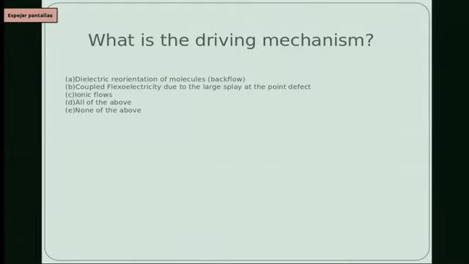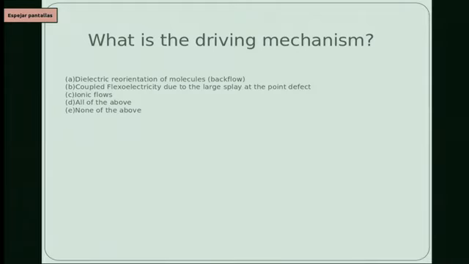The second is that because we have a large splay near the hedgehog, we can have coupled flexoelectricity that could break the symmetry. There are always ions in the fluid, so we also have to consider the ionic flows. It could be all of the above and also none of the above, so we could be completely wrong.